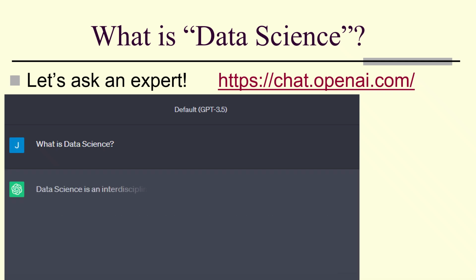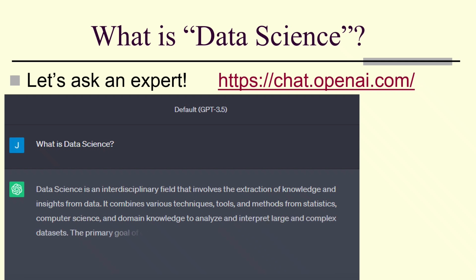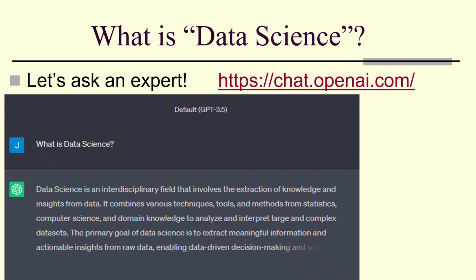Data science is an interdisciplinary field that involves the extraction of knowledge and insights from data. It combines various techniques, tools, and methods from statistics, computer science, and domain knowledge to analyze and interpret large and complex datasets. The primary goal of data science is to extract meaningful information and actionable insights from raw data, enabling data-driven decision-making and solving real-world problems.